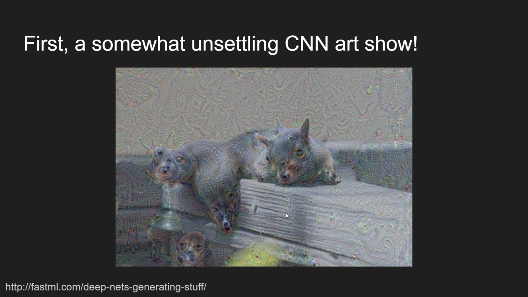We're going to see a neural net art show now. Does anyone know what this is? It's a squirrel slug. Is that Deep Dream? It's either from Deep Dream or from another similar sort of thing. I know that I hate it.